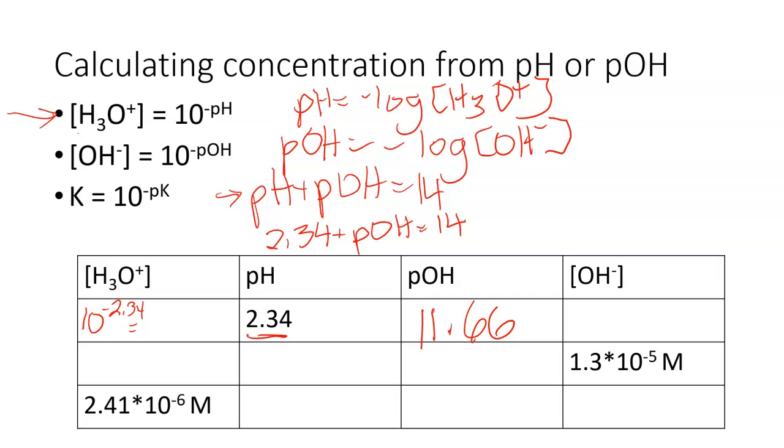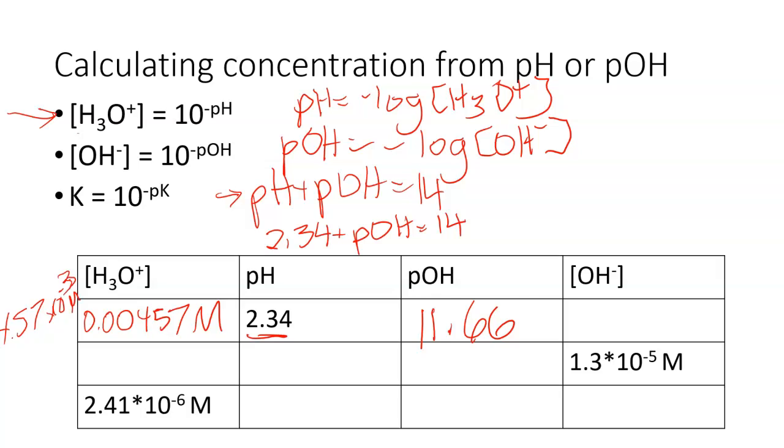I can write that either in decimal or in scientific notation. I get 0.00457 molar, which could also be written as 4.57 times 10 to the negative third molar.